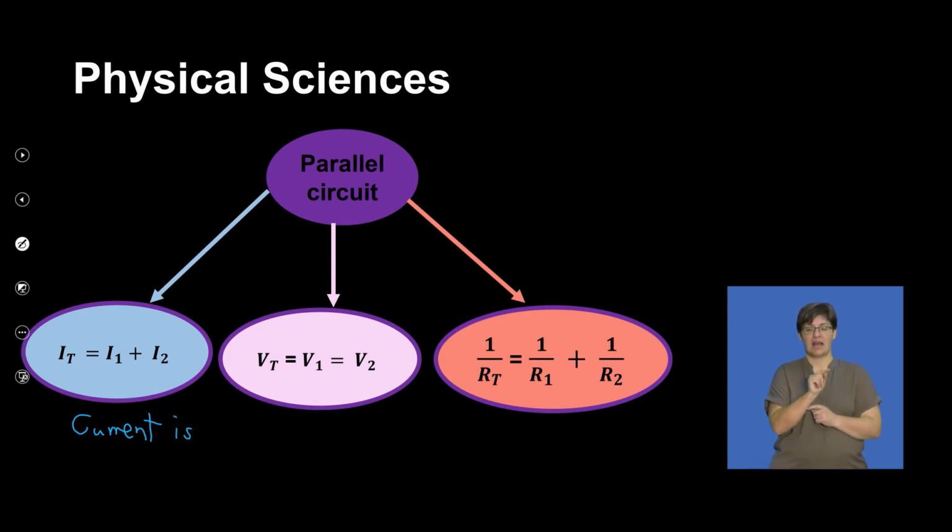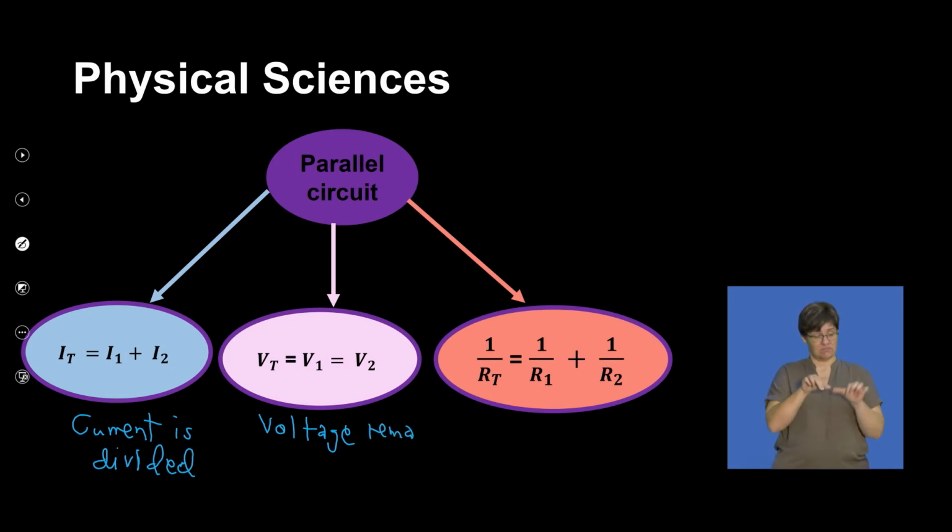That's the main thing about a parallel circuit, while voltage remains constant. The voltage across the source equals the voltage across resistor 1 as well as resistor 2. So voltage remains constant. This is what we are saying in short.